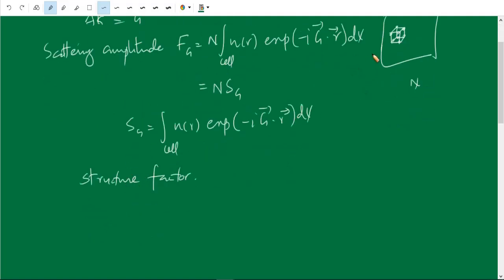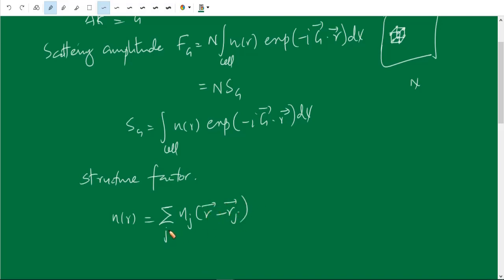Now this n of r is the electron density due to atoms in the cell. Electron density due to a given cell is equal to summation, or it is the superposition of the electron density contribution from all the atoms in the cell. So you can write Nj of r minus rj.